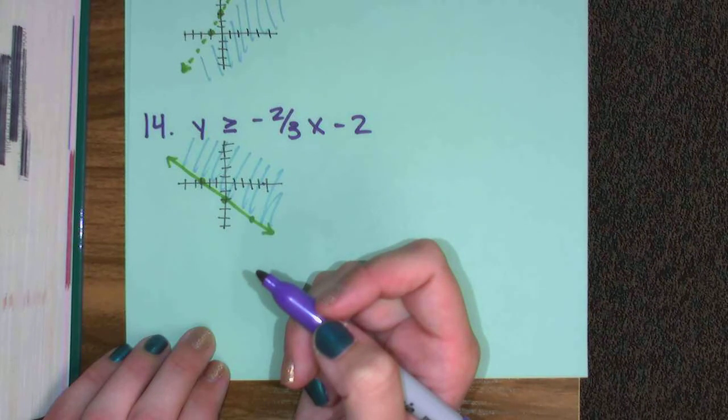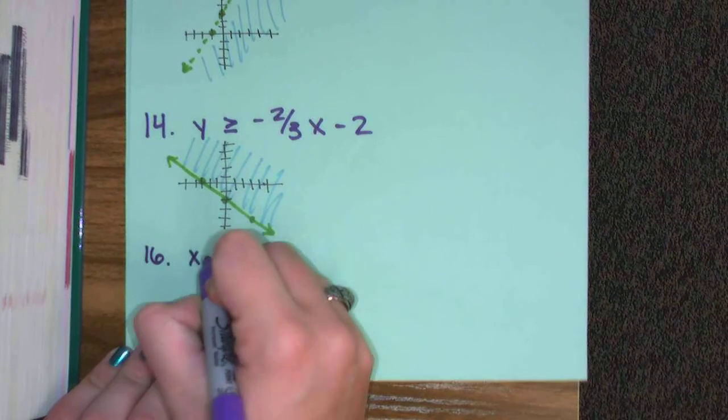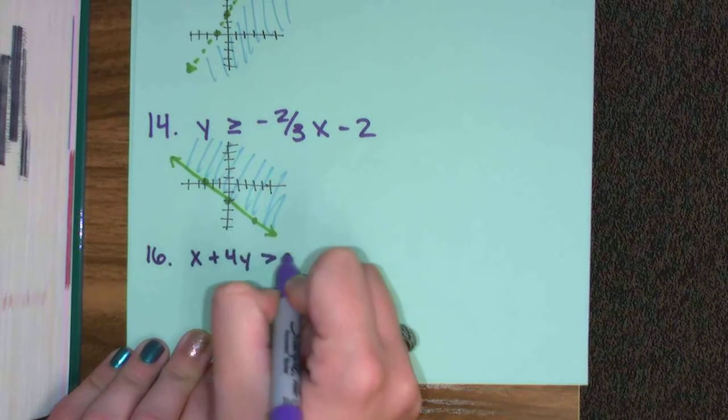Let's go with 16. 16, x plus 4y is greater than negative 12.